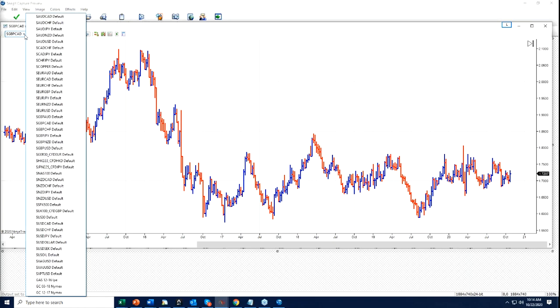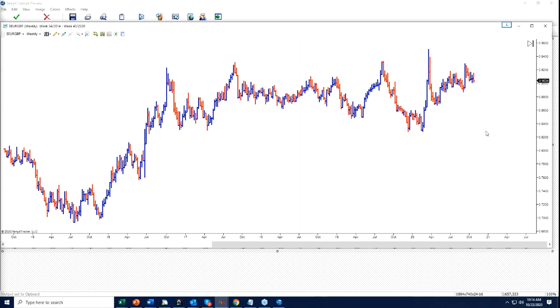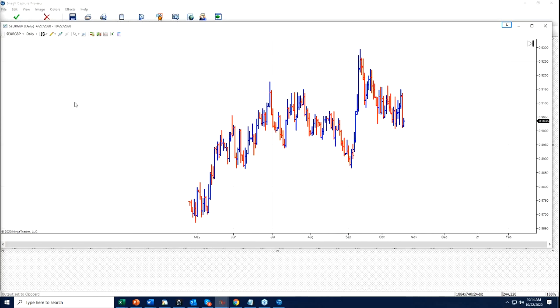So what I look for is something that stands out, like euro pound. It looks like it's got this key reversal going on here. It's making a series of tops, maybe ready to go lower. Then I'll drill back to the daily time frame and see that this thing could start rolling over.